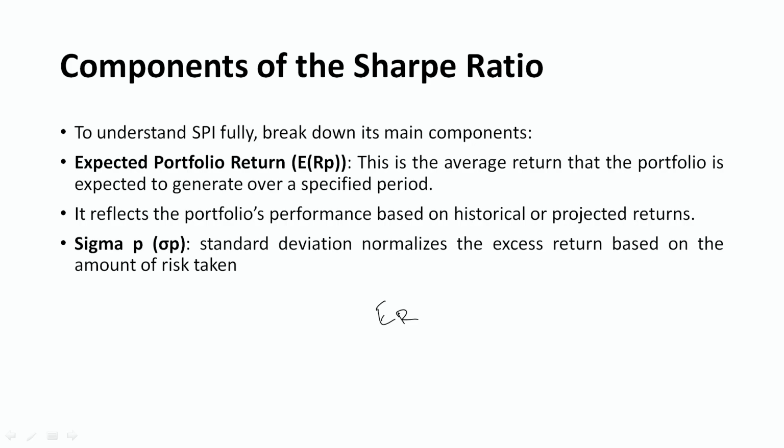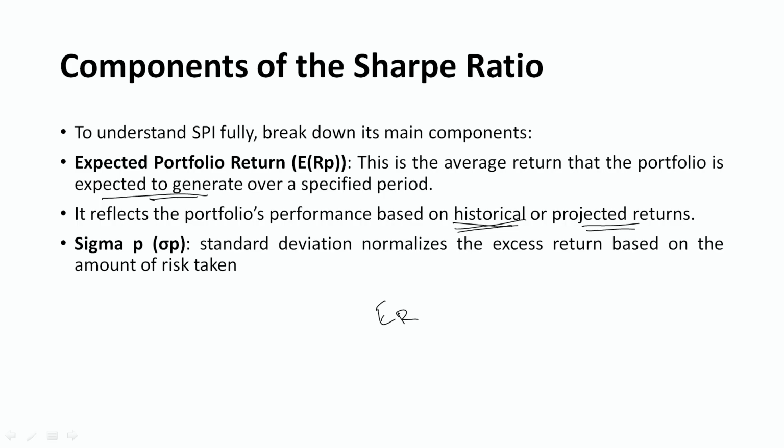So, the average return which the portfolio is expected to generate over a period of time is what we are trying to calculate. Okay. And this reflects the historical or the projected return. So, I can use the historical prices, I can use the projected return, whichever I want to do. So, I can do an estimation forecasting technique, or I can use historical technique to find out how it has performed.